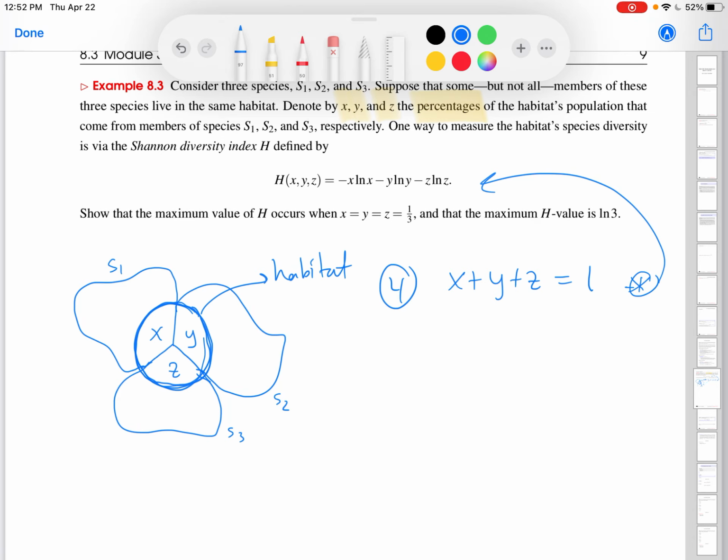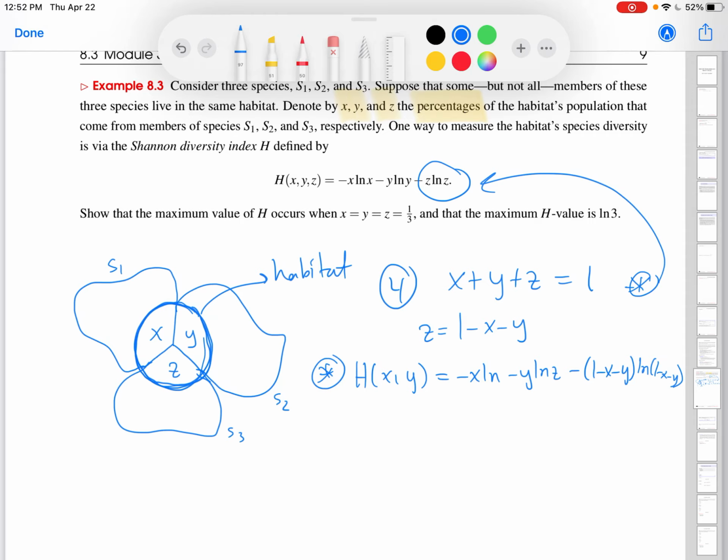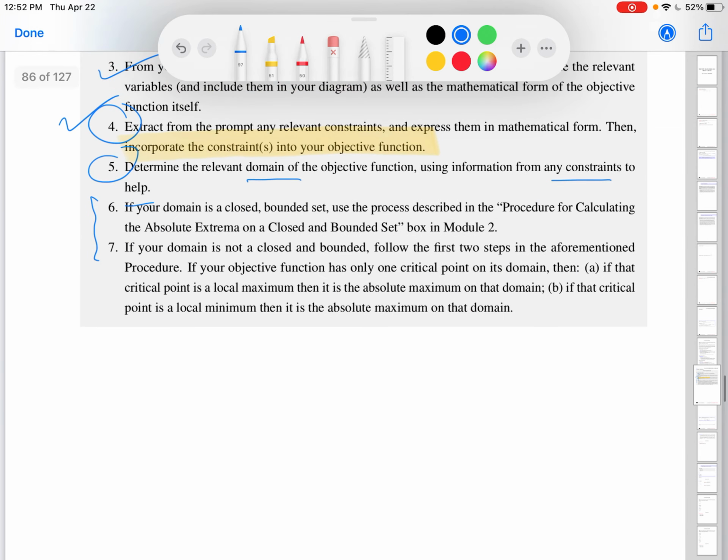So the way I do that is I'm going to solve here for z, 1 minus x minus y, substitute it into H, and everywhere, therefore, I see a z, I'm going to replace it with 1 minus x minus y. And then this will be the natural log of 1 minus x minus y. Okay, so I have substituted the constraint into my objective function, producing a new objective function. So I'll go back here. Great, did that. And then now I want to determine the domain.